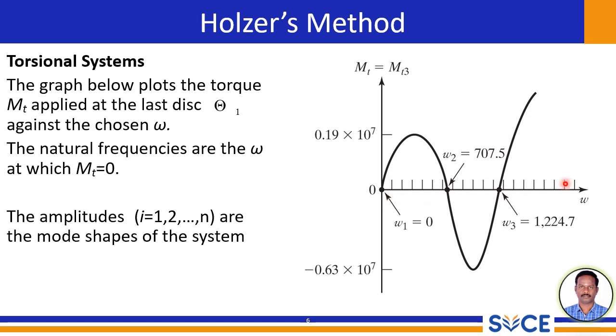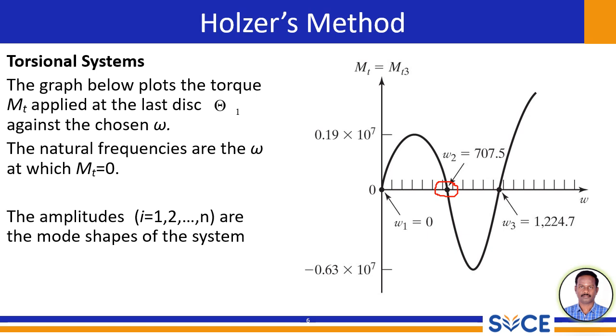As we discussed earlier, a natural frequency is achieved when the sum of the inertia torques is 0. This condition corresponds to the point where the torque at the last disk becomes 0. Therefore, the natural frequencies of the system are the values of ω at which the curve intersects the horizontal axis. Wherever the curve intersects, that value should be taken as one of the natural frequencies.